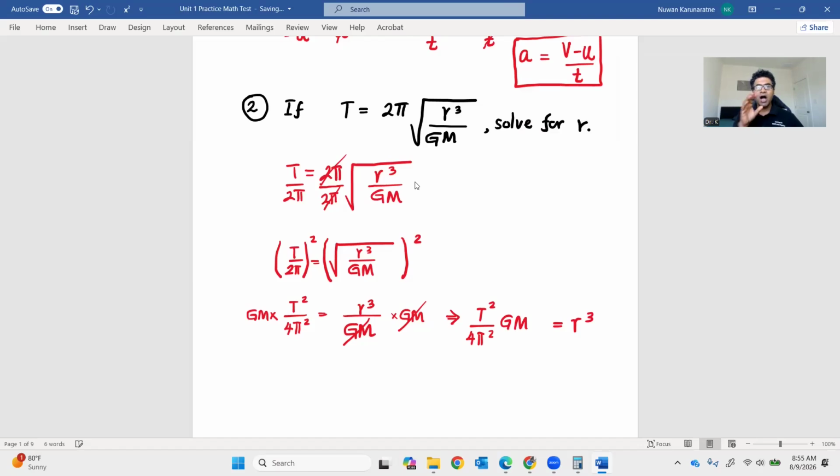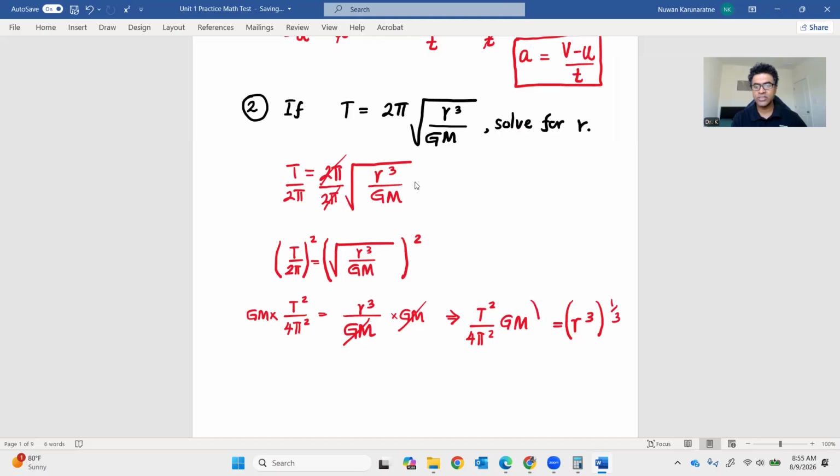Look, I have r cubed on one side. If I have r cubed, how can I get r? I need to take the cubic root. Okay, so I'm going to do that. The cubic root can also be written in this way.